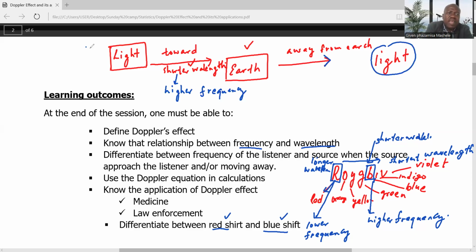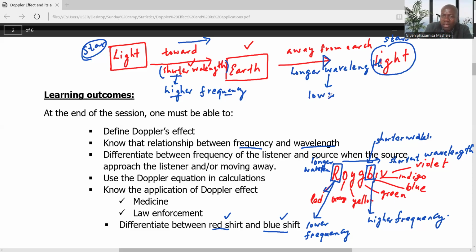If the stars are observed to be moving towards the Earth, it is because there is a shorter wavelength, and a decrease in wavelength means the frequency becomes higher. But if the stars are seen to be moving away from the Earth, they have a longer wavelength, and since they have a longer wavelength, they have a lower frequency.